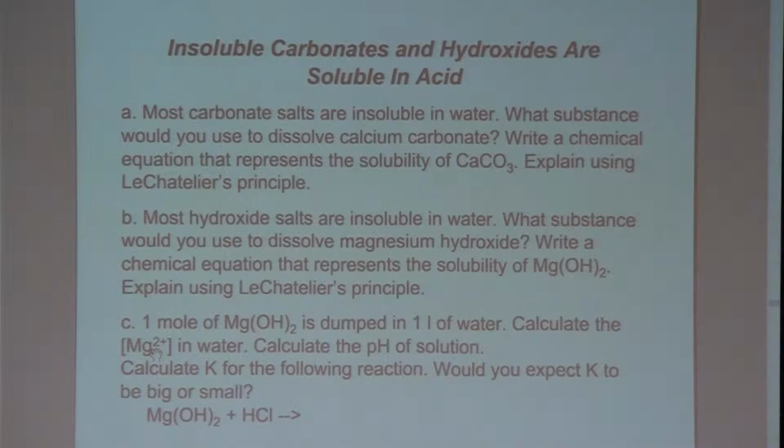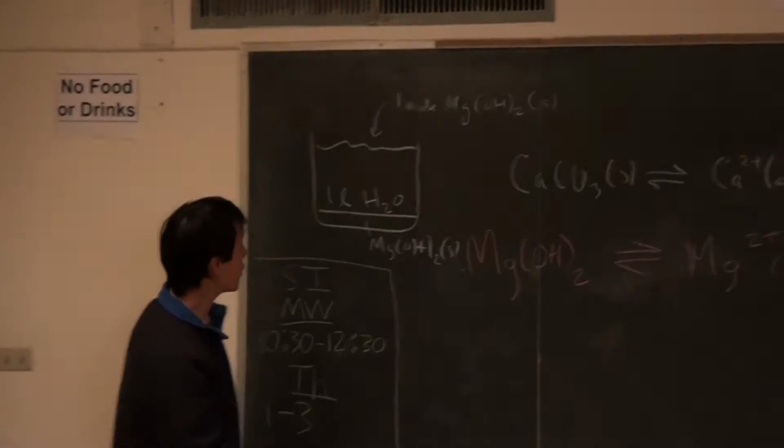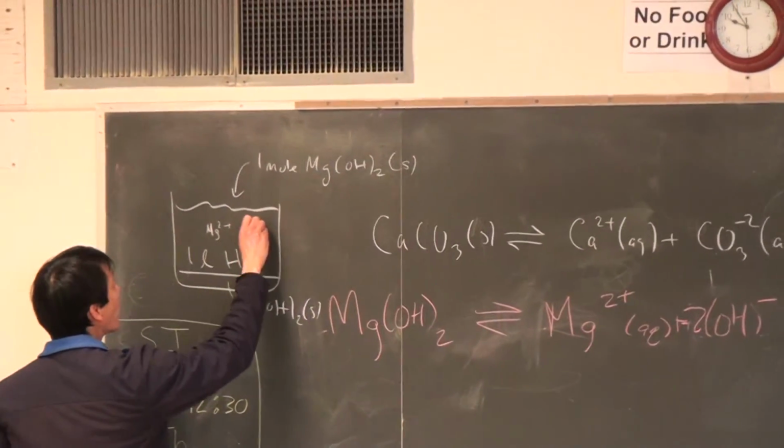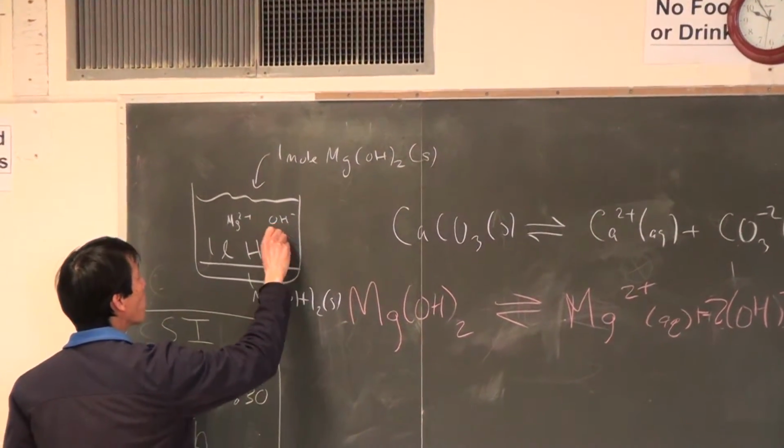Yeah, so most of it will stay solid. So you'll have this magnesium hydroxide solid in the water. But note that based on this equation, some of it is going to dissolve. Okay, so you have a little bit of magnesium ion floating around and hydroxide ions floating around too.